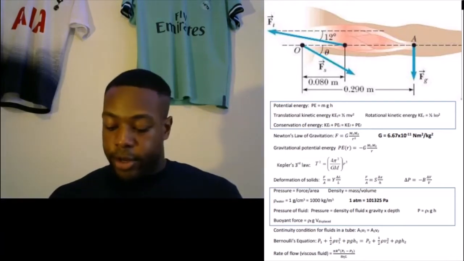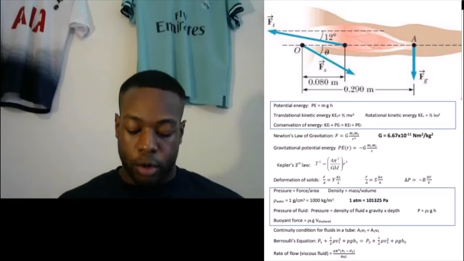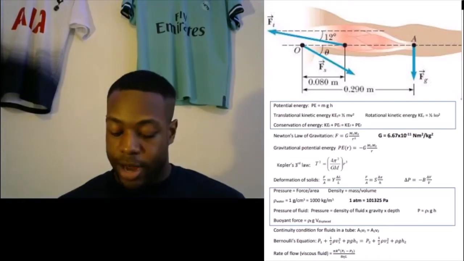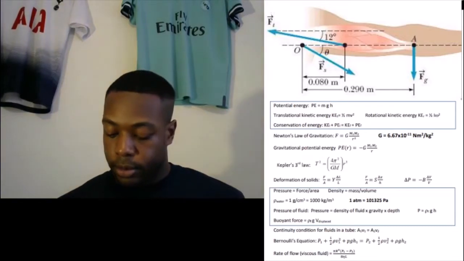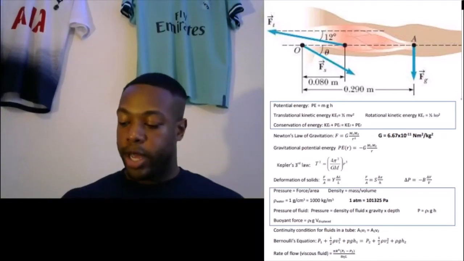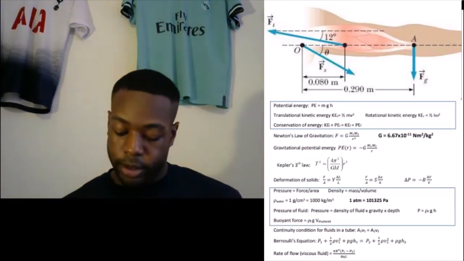Plug in our values here and rearrange a little bit. We've got 697.41 for our force T, times sine 12, minus 40. Move the y component of force S to the right side.